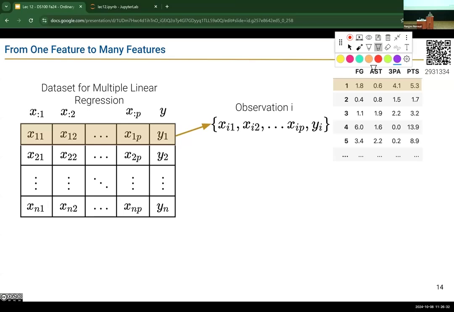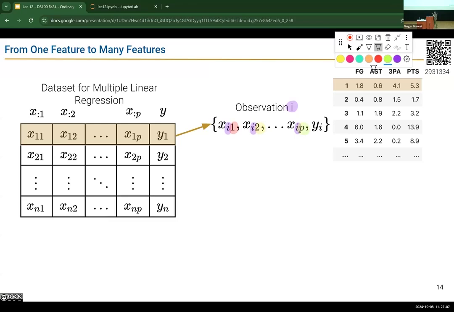For example, for observation i, the first index of all of these attributes is always going to be i, representing that this is the i-th observation. Then as I go through the different features, this is feature 1 of observation i, this is feature 2 of observation i, and all the way to feature P of observation i. So that's how you can think about all of those subscripts, or indices, in the matrix.